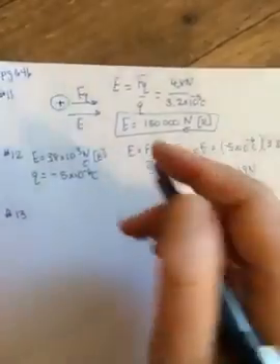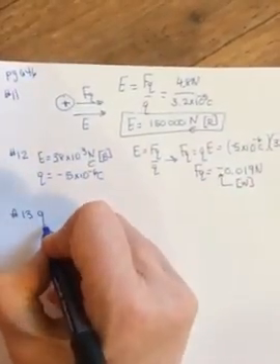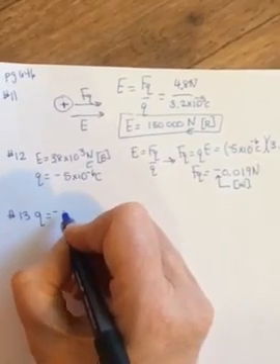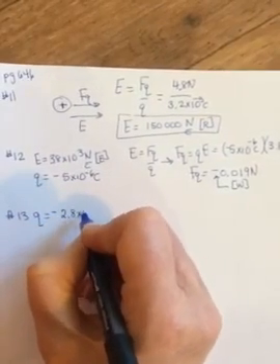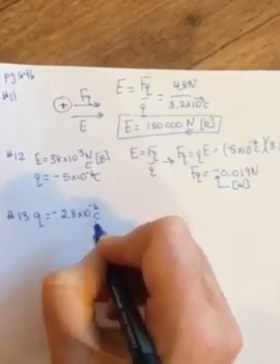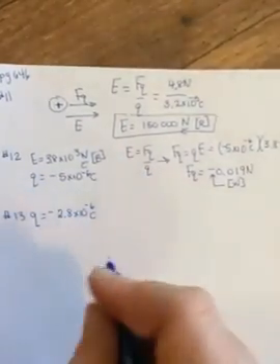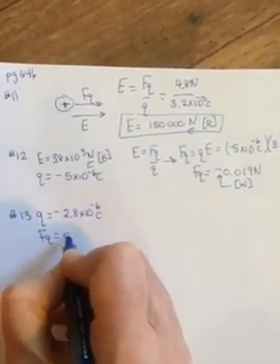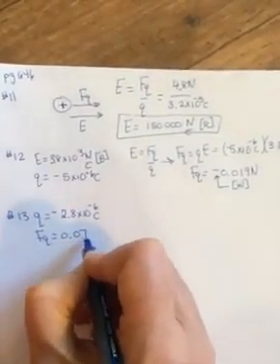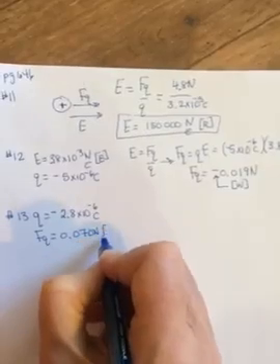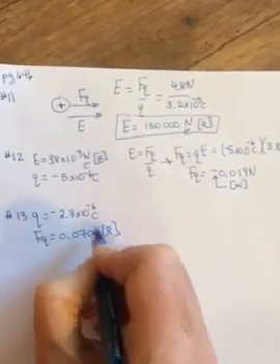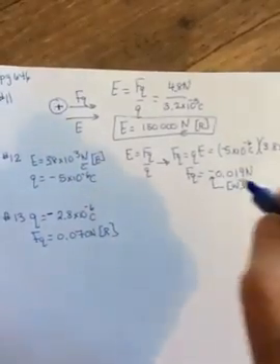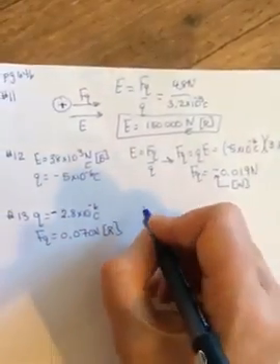Number 13, a negative charge. So again, force and field should be in opposite directions. Of 2.8 times 10 to the negative 6 coulombs experiences an electrostatic force, so F_Q, of 0.070 newtons to the right. That means the field should be going to the left because the charge is negative. What is the magnitude and direction of the field?